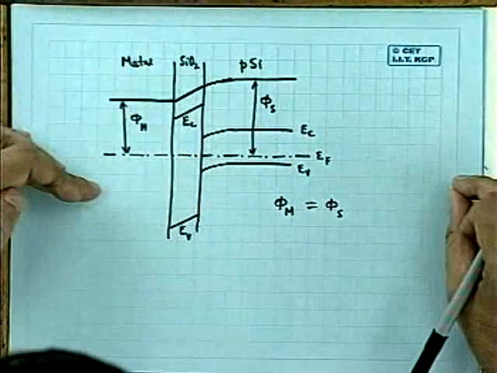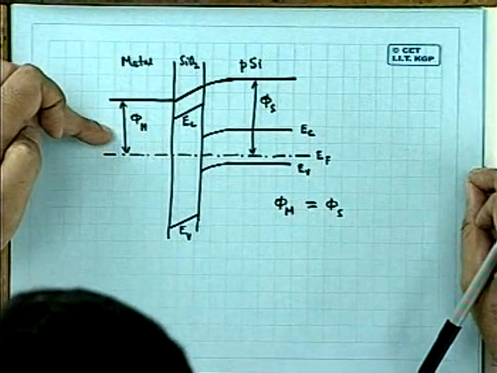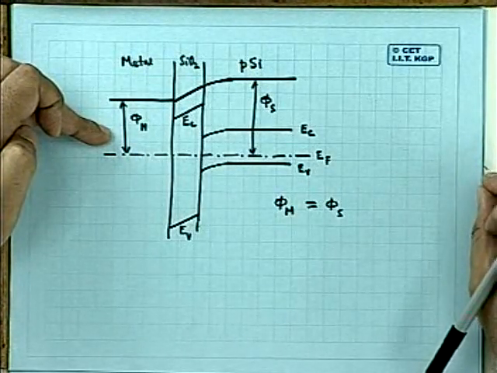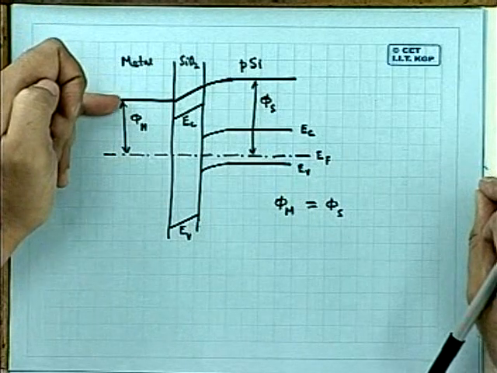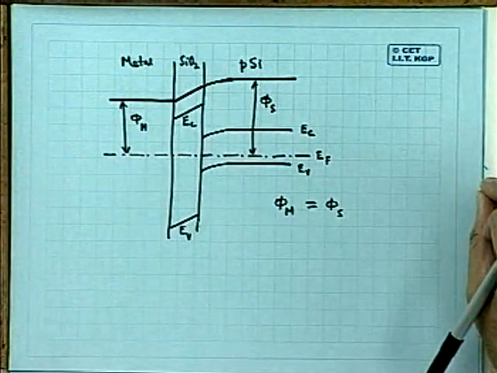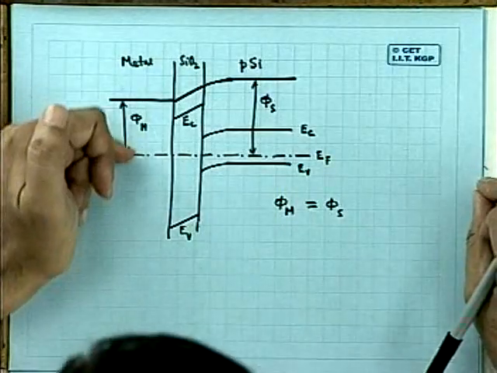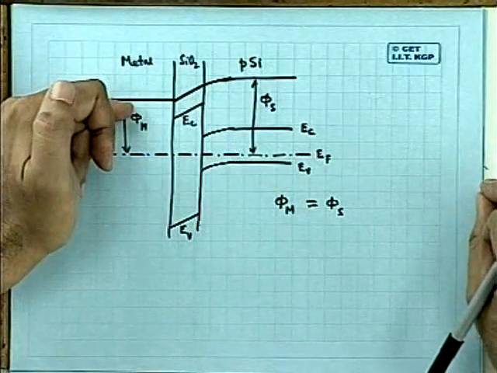And if you want to make the energy band flat here, what do I have to do? I have to apply a bias here, a positive bias or negative bias? Negative bias. Negative bias means raising this potential here with respect to this.